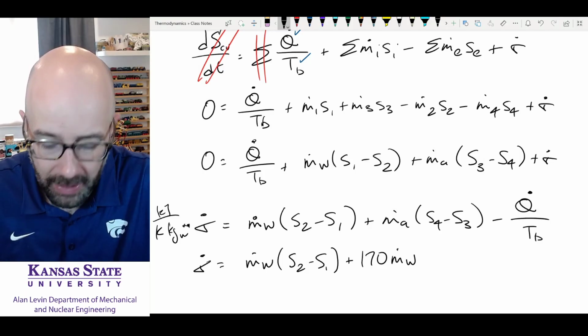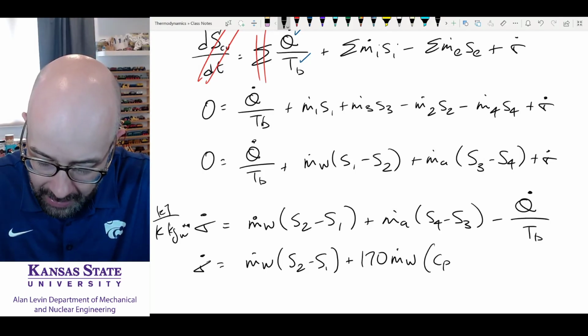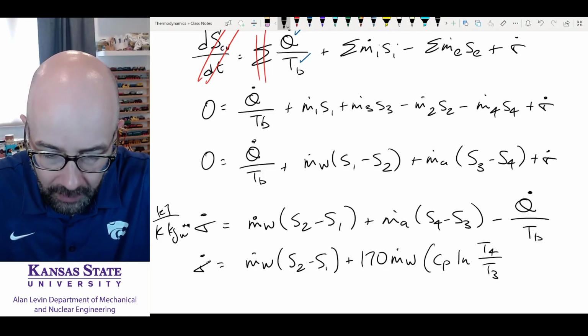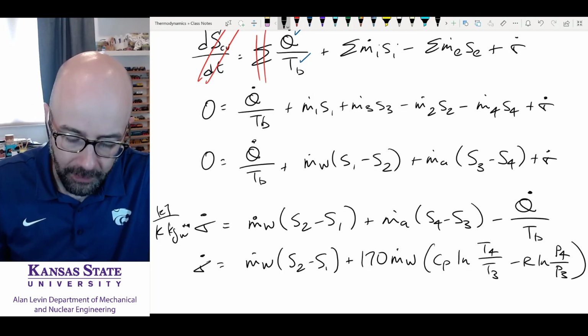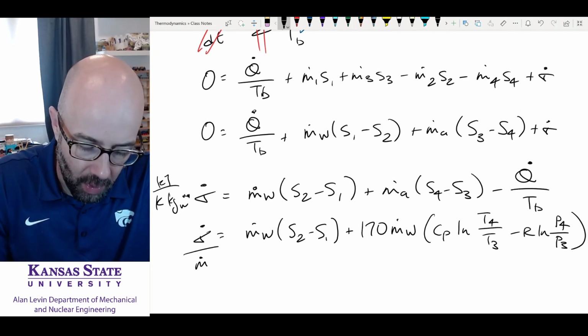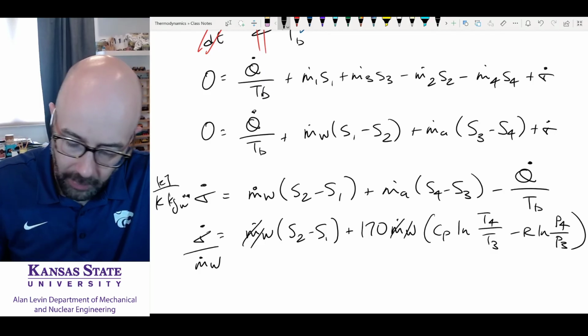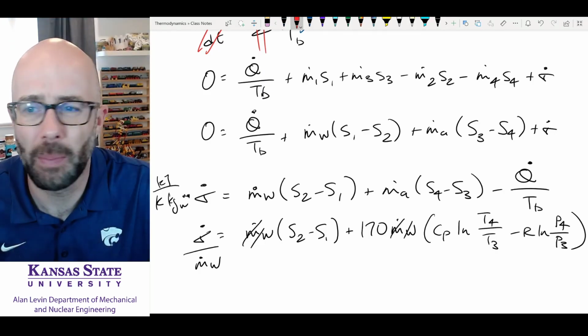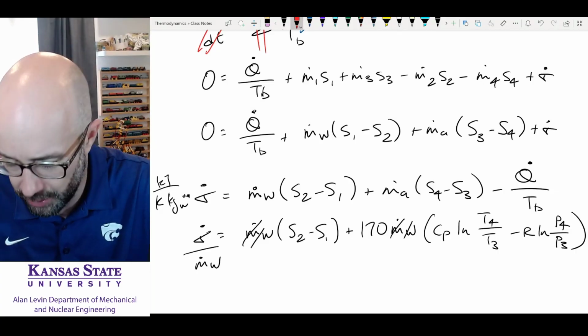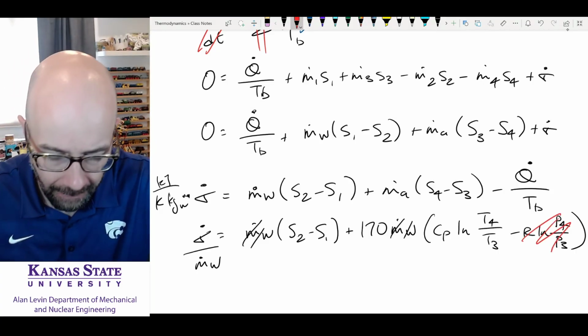So this is going to be C sub P times natural log of T4 all over T3 minus R natural log of P4 all over P3. Okay, so we divide this all by mass rate of the water. And we also know here that we can assume a negligible pressure drop in our heat exchanger, and so this can go away as well.